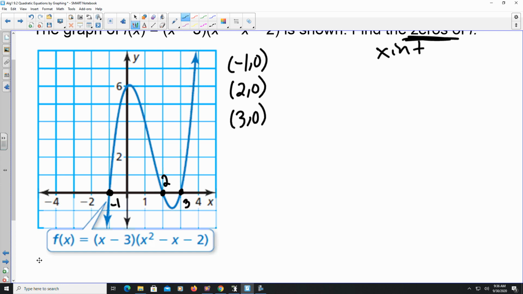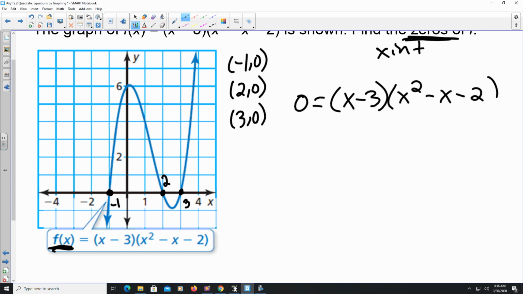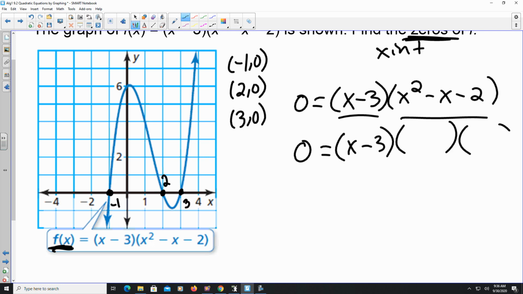If you wanted to verify that, you're going to replace the function with 0. So I get 0 equals x minus 3 times the quantity x squared minus x minus 2. This first part is already factored completely, but I can factor the second part more. This turns into parentheses, parentheses, x and x.